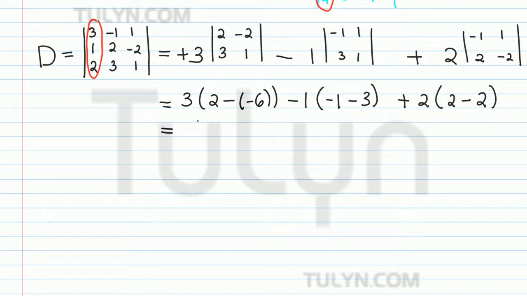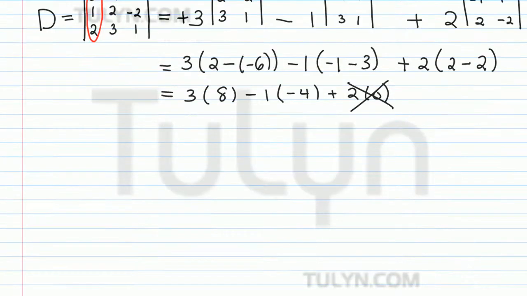So simplifying further, we end up getting 3 times 2 minus negative 6 is 2 plus 6, which is 8. Then minus 1 times negative 1 minus 3. That's negative 4. And then finally 2 times 2 minus 2, which is 0. And anything multiplied by 0 is 0, so this term cancels out.